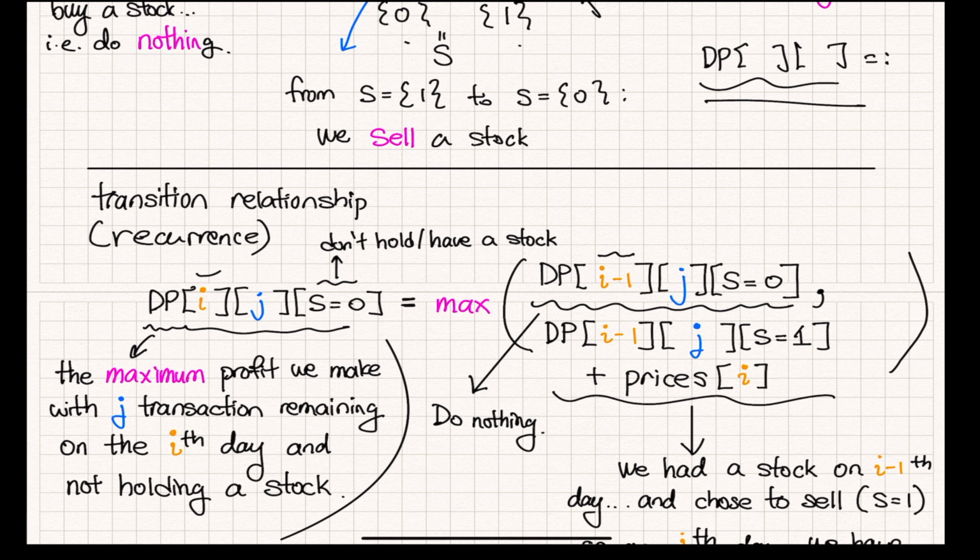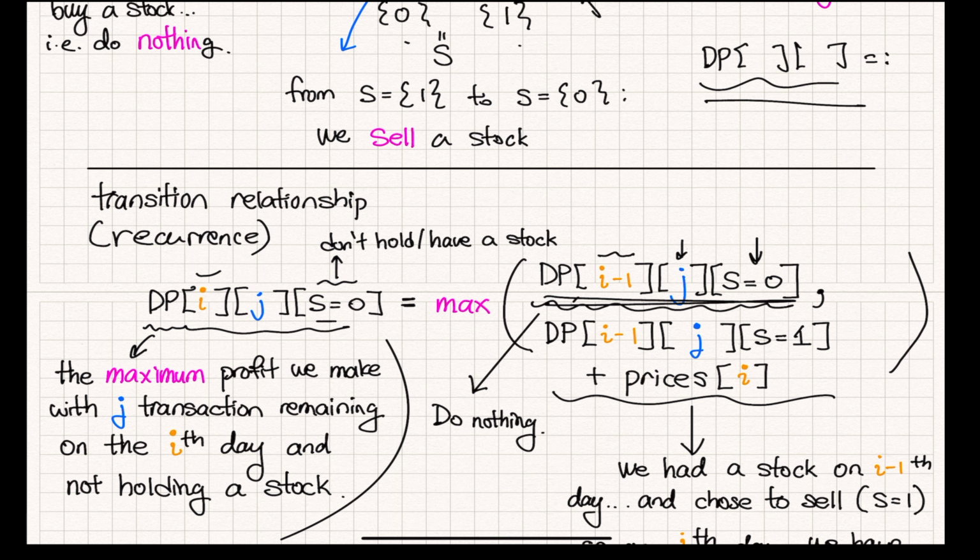Initially we have j transactions remaining here, and s equals 0 means we don't hold a stock on the ith day. So for this guy, we didn't do anything. And the next guy is what? s equals 1 means we have a stock on the i minus 1th day, but on the ith day we have s equals 0.